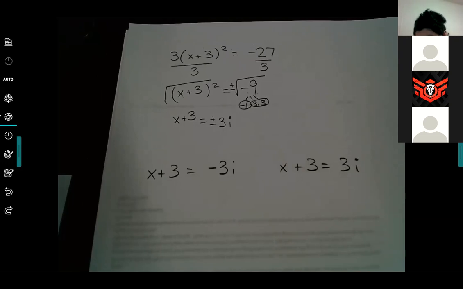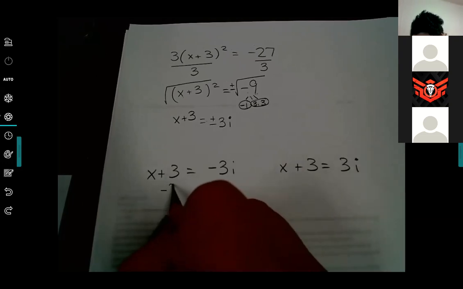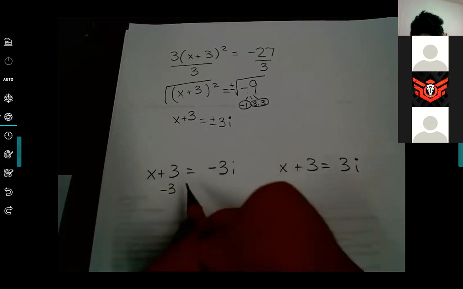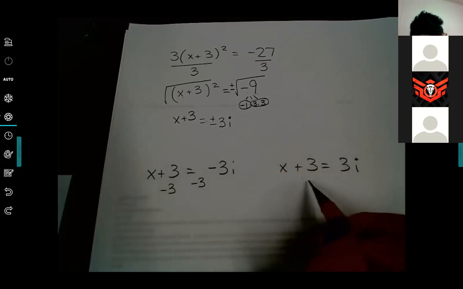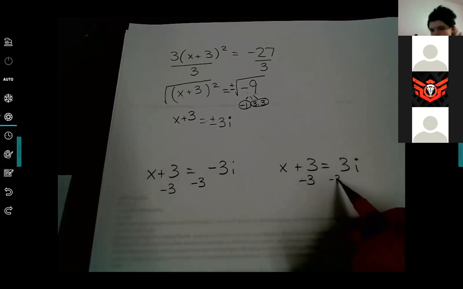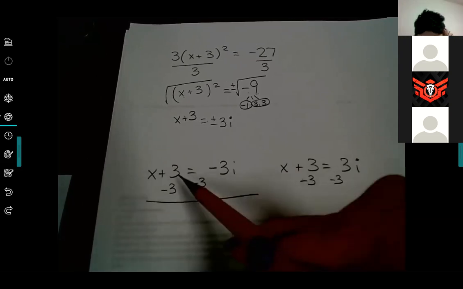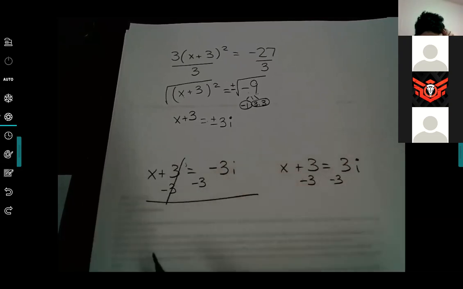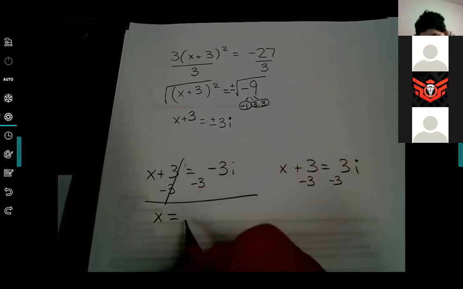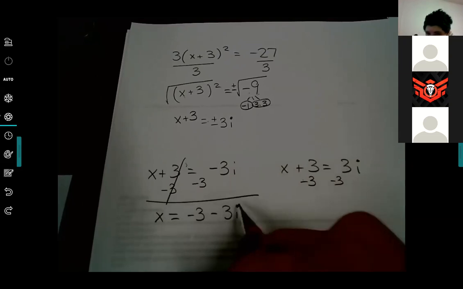Now here's where people screw up. Subtract 3 from this side, subtract 3 from this side, subtract 3 from this side, subtract 3 from that side. On the left, the 3 and the negative 3 cancel. On the right, are those like terms? Nope.